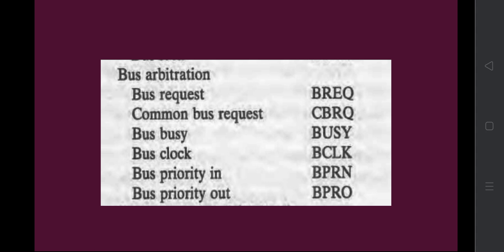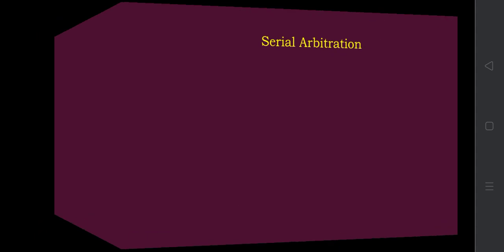And next is bus priority in and priority out. Which device gets priority is given by the input BPRN, and once the priority is over, it will be given out to the next consecutive devices by the BPRO, which is the bus priority output. So by these 6 signals, bus arbitration takes place.